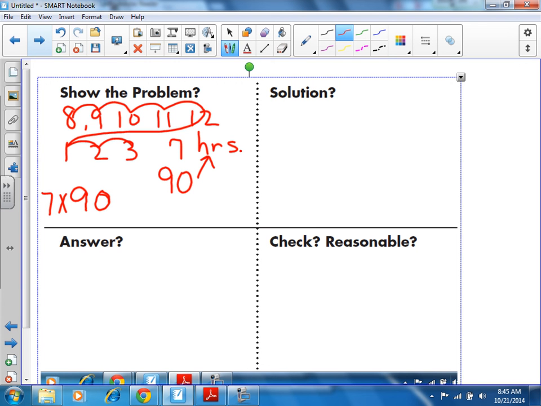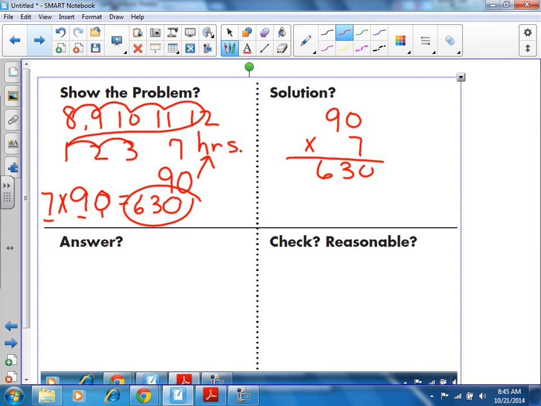90 gallons for 7 hours. 7 times 9 is 63, and I need to make sure that I bring my 0 over. 90 times 7, 630.